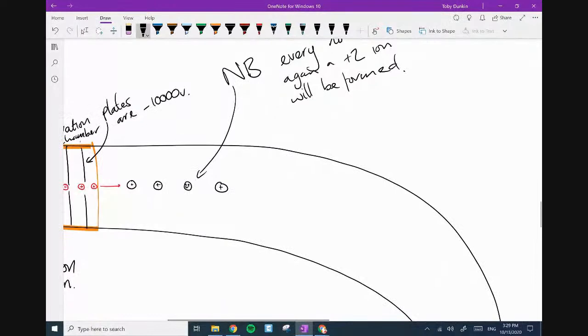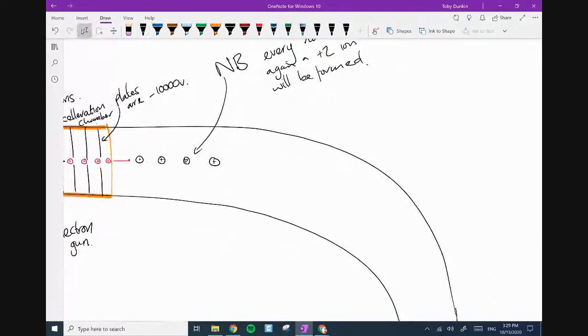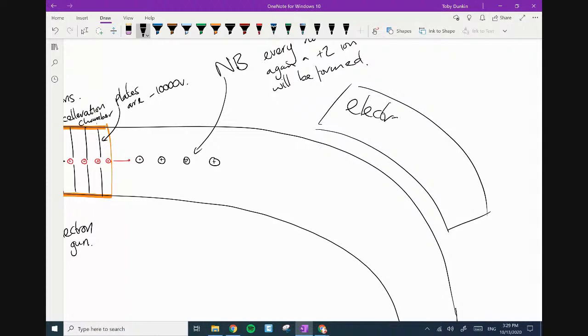But we now make these beams, and what we're now going to enter is a magnetic field. We've got a giant electromagnet generating a magnetic field.